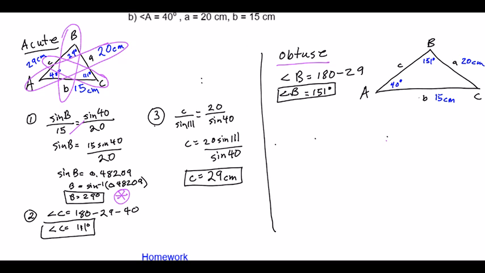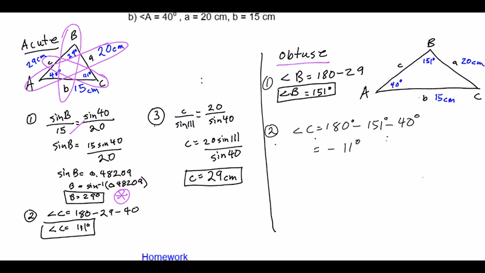Now, the problem comes when you get to angle C. So let's take a look at what angle C is. So this was calculating our obtuse, number 2. So this is angle C. Angle C is just 180 minus 151 minus 40. Basically, you get negative 11 degrees.